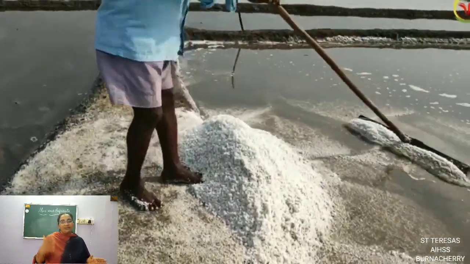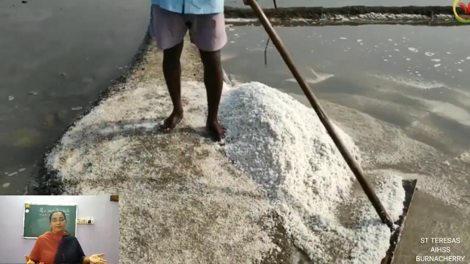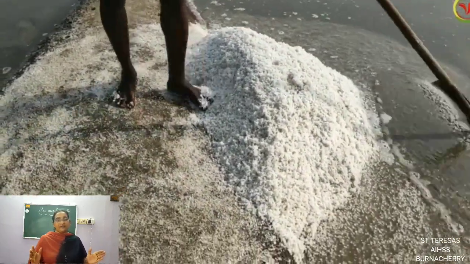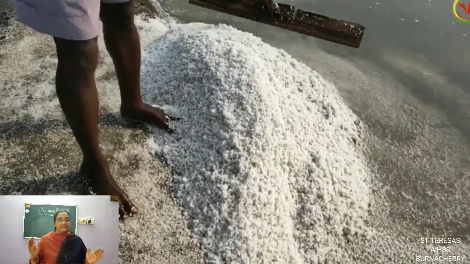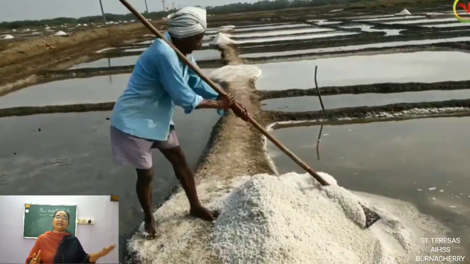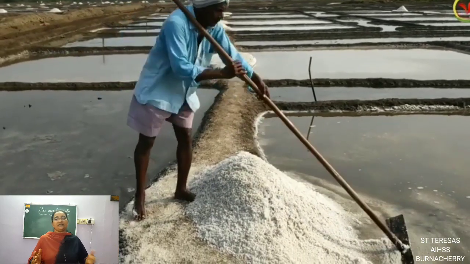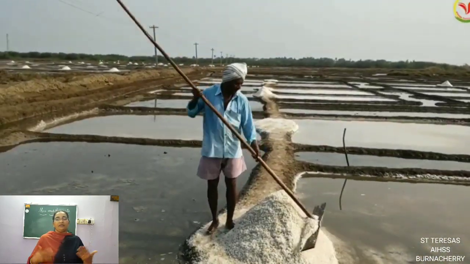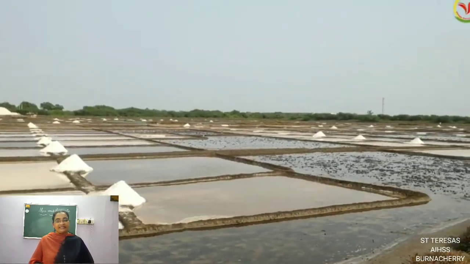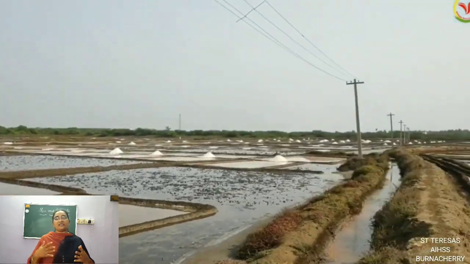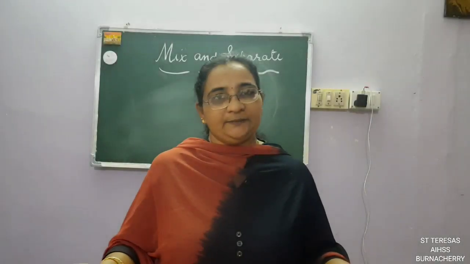So who helps in evaporation there? Can we put fire there? No. By which heat does the water get evaporated there? By the heat of the sun. So by the heat of the sun, the water evaporates and the salt remains. That salt is gathered and distributed to the factories where they powder it and make it into the salt we eat. So in the salt pans, this method is used to separate salt from seawater.